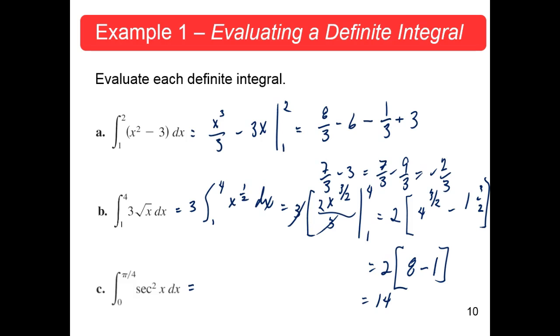Not quite. You think, what function, when I take a derivative of it, do I get a secant squared? Does that help? Tangent, that's it. So therefore, the antiderivative of secant squared would be tangent x.